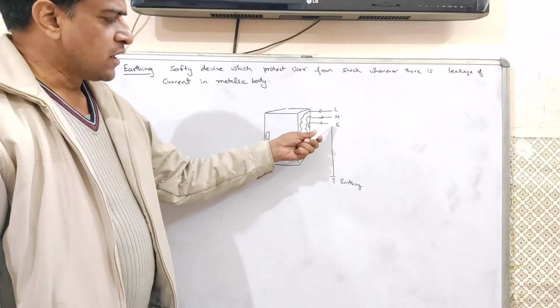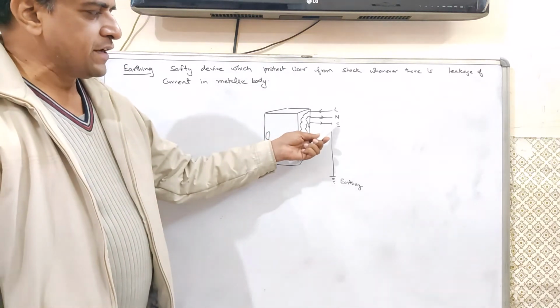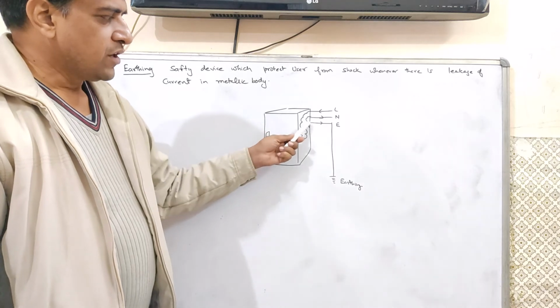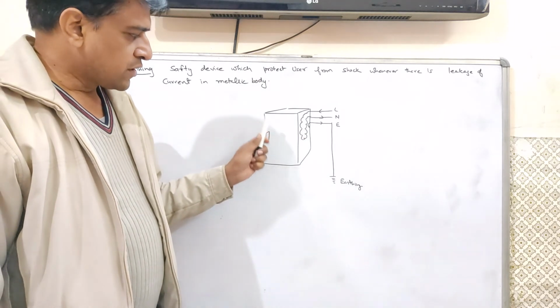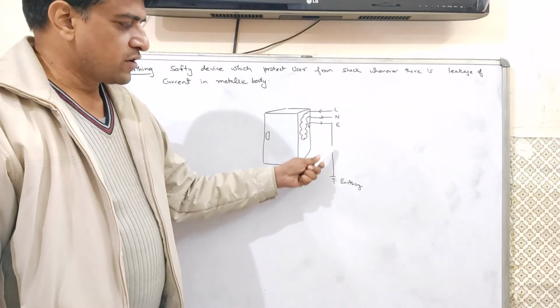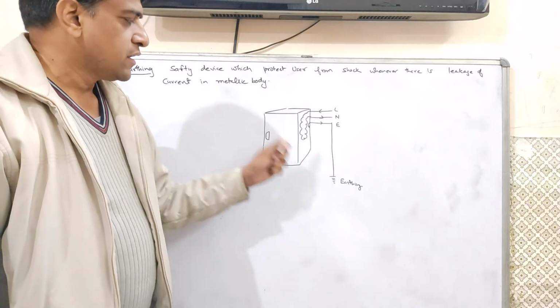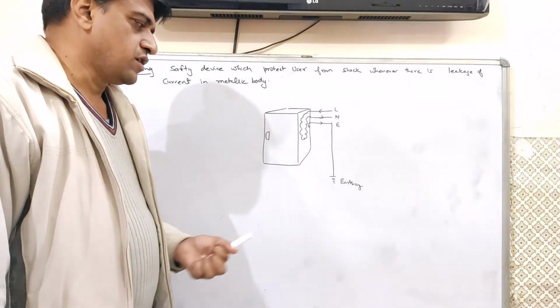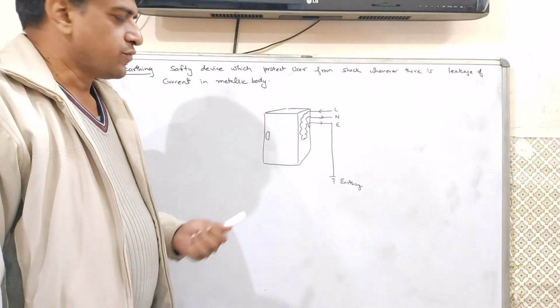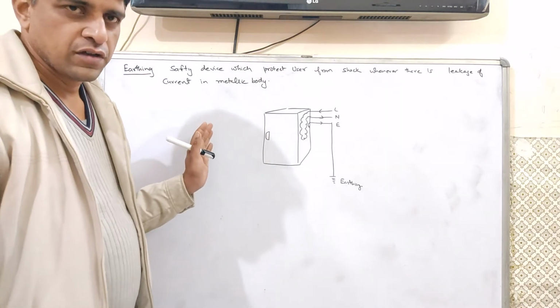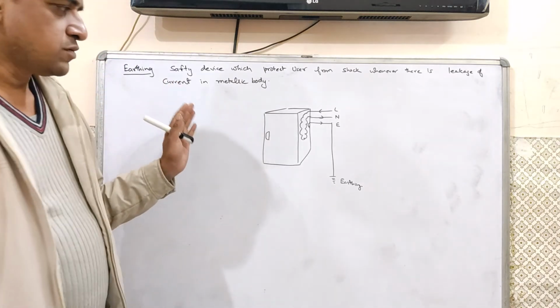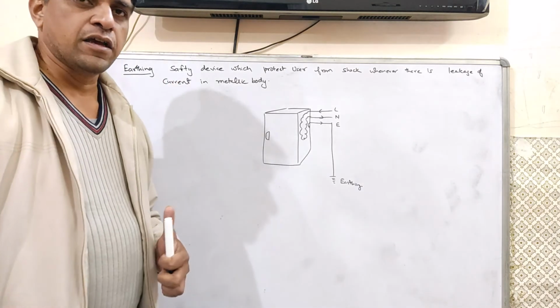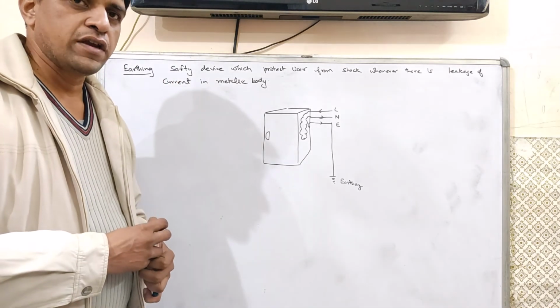But this earthing wire, which is already attached to the metallic body, catches the current and transfers it to the earth so that the user does not get a severe shock, and hence is always protected from the severe shock. And this earthing is a must for all the metallic appliances which are manually handled.